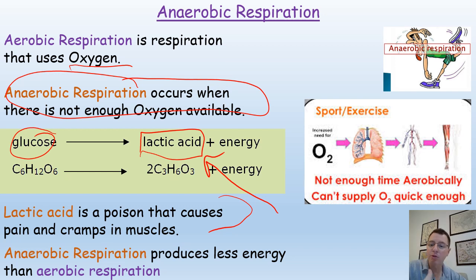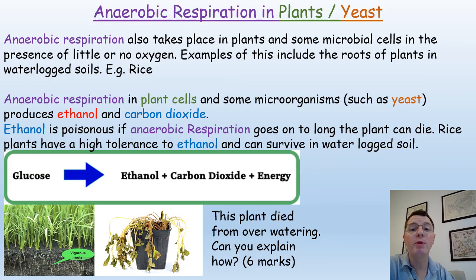And that extra oxygen you need at the end of your exercise to break down lactic acid, that's known as oxygen debt. So anaerobic respiration occurs not only in animals but also in plants and yeast.